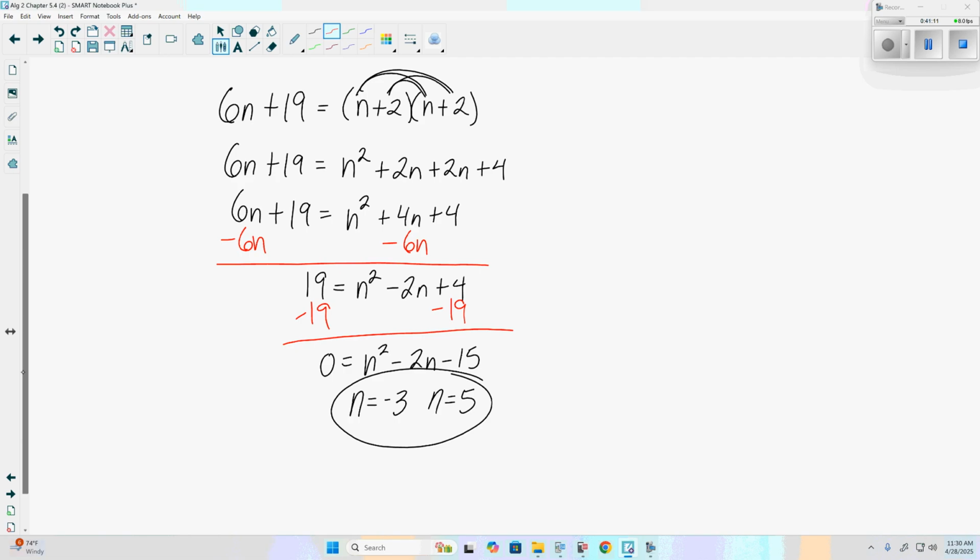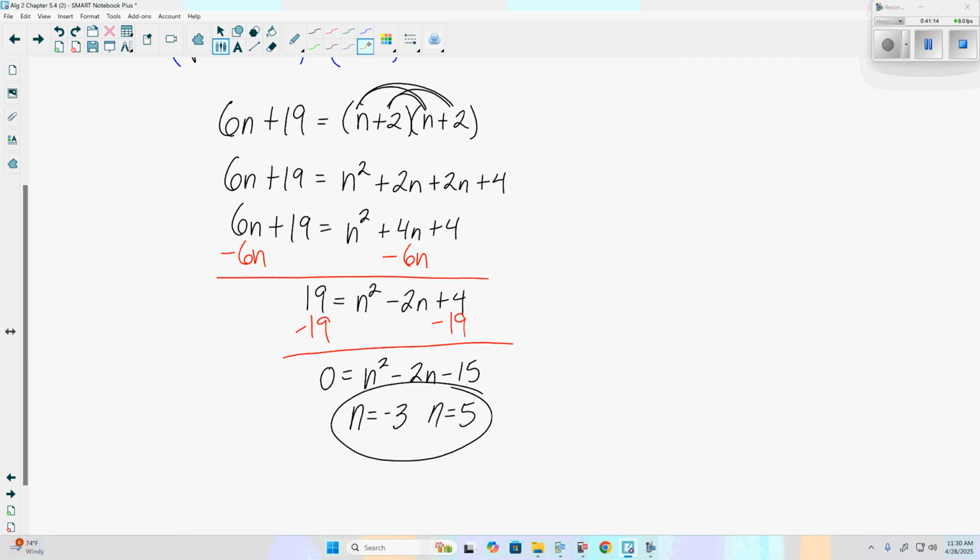So we do have two values here. And our original equation was negative n plus the square root of 6n plus 19 equals 2. If we check with negative 3 first, negative of negative 3 is 3, plus the square root of 6 times negative 3 plus 19. 6 times negative 3 is negative 18, plus 19.